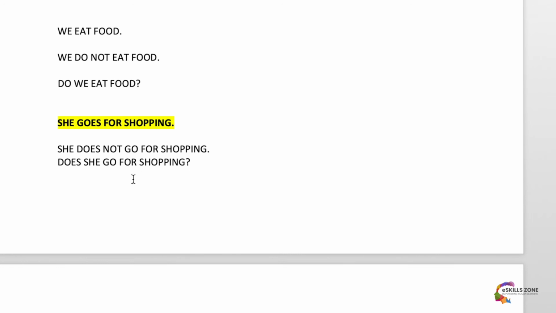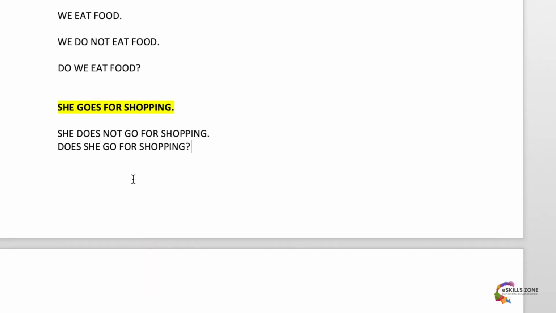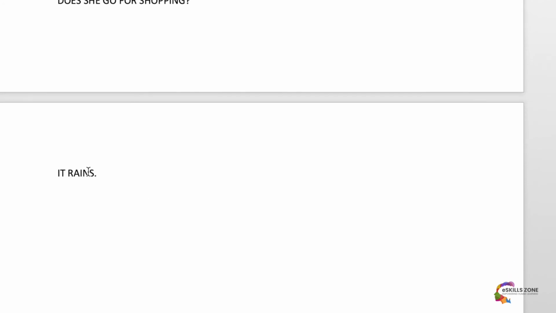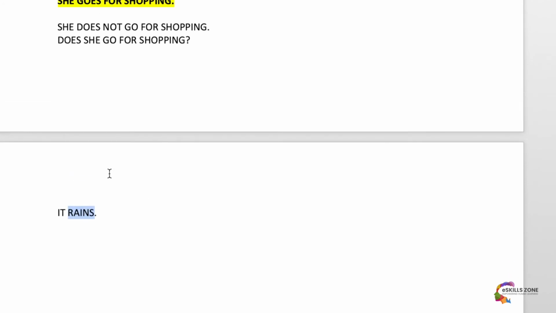Now we need to have another sentence with it. So it rains. You see here I have added only s because the word rains is ending with a consonant. And what are the consonants?